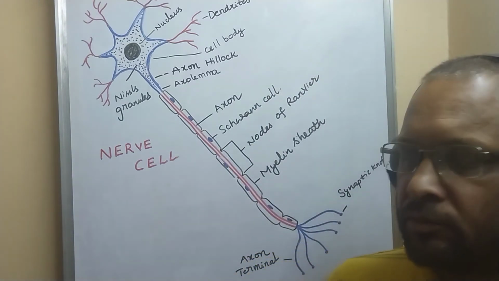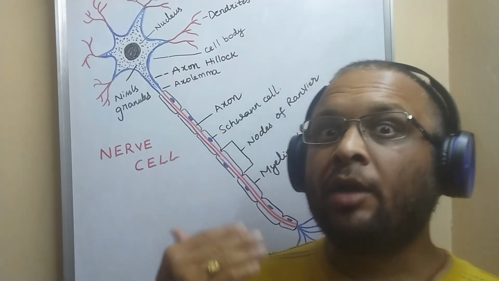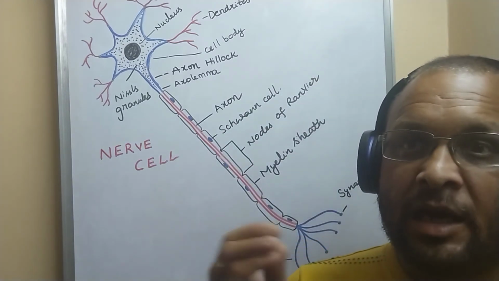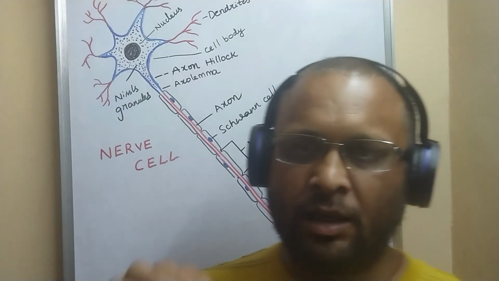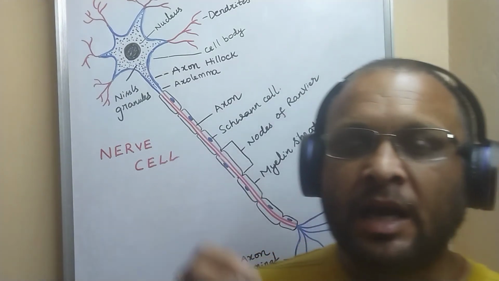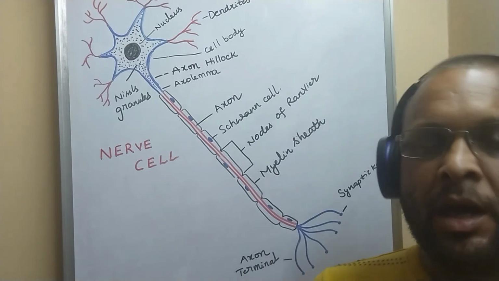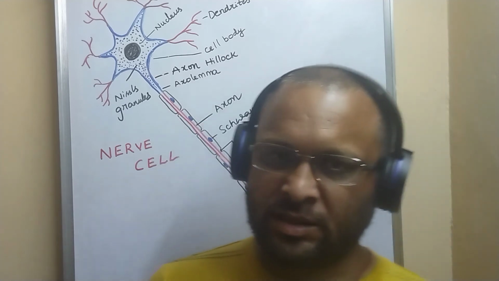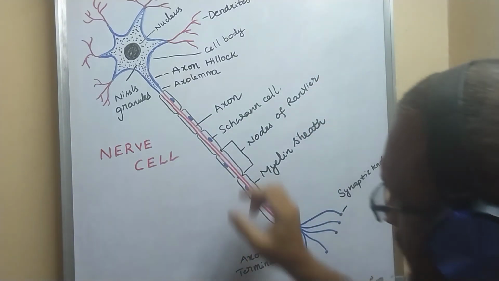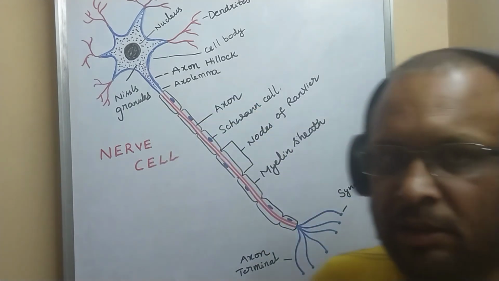There are also two types of neurons, myelinated and non-myelinated. Myelinated neurons are mainly present in the spinal and cranial nerves. The non-myelinated neurons are present in the autonomic nervous system and somatic nervous system. These bundles of axons are nothing but nerves.